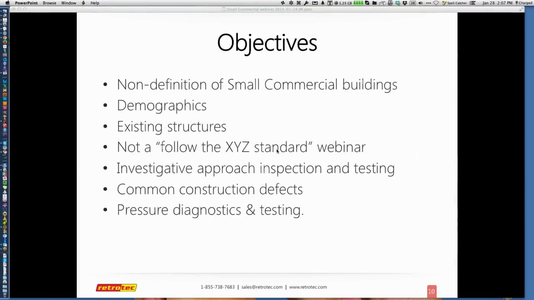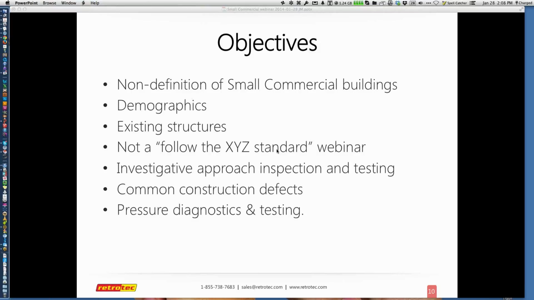Today's objectives are the non-definition of small commercial buildings, or how expansive the definition could become. What are some of the demographics? It's mostly focused on existing structures. ASHRAE has some phenomenal documents you can download on 30% and 50% reduction of these types of structures and how to go about that.